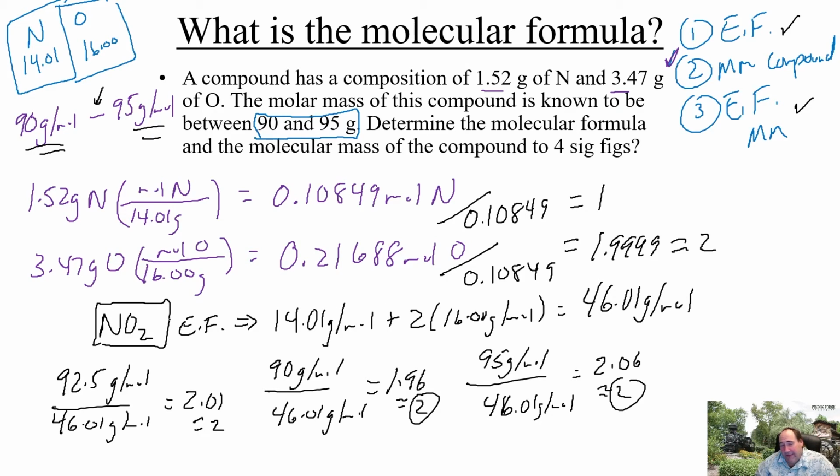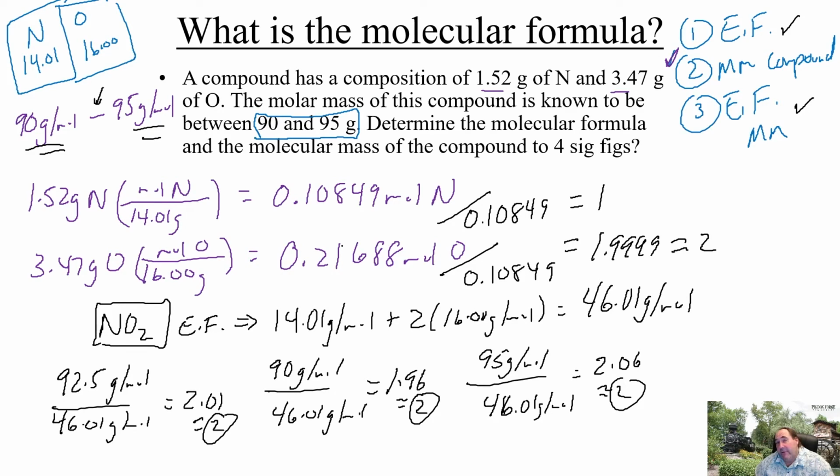So you don't need to do all three of these like I just did here. I just did this to demonstrate that you may be given a range, and this sometimes happens when people are trying to figure out formulas. We use empirical formulas a lot in the laboratory because it's very simple to figure out an empirical formula. You could take a compound, say silver, and do some reactions where maybe you put some chloride on it.